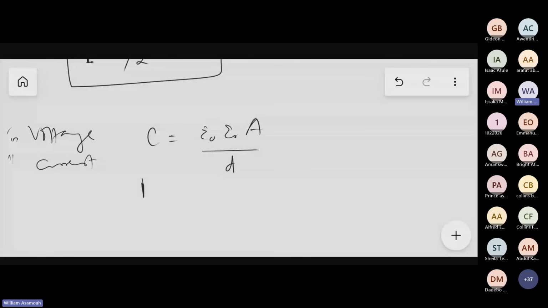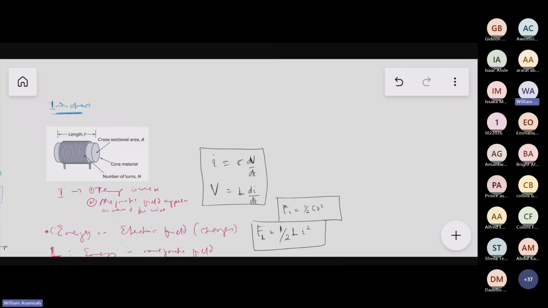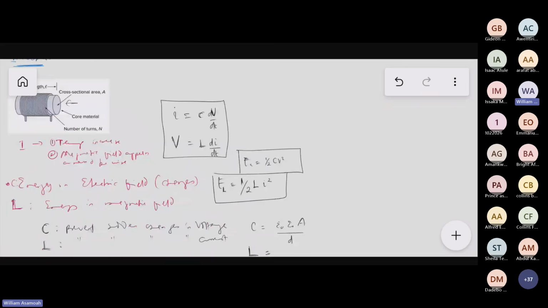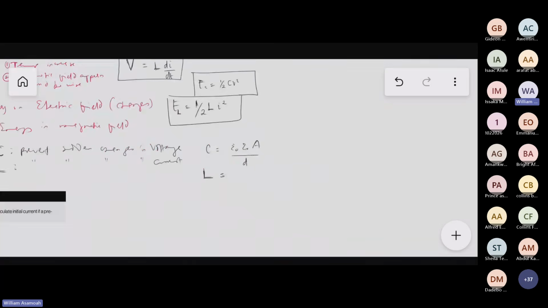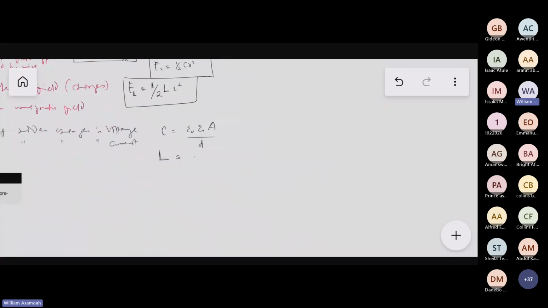Similarly, for a wire wound inductor, L is equal to the number of turns squared times area times permeability over length, where N is the number of turns. Permittivity and permeability are just related.